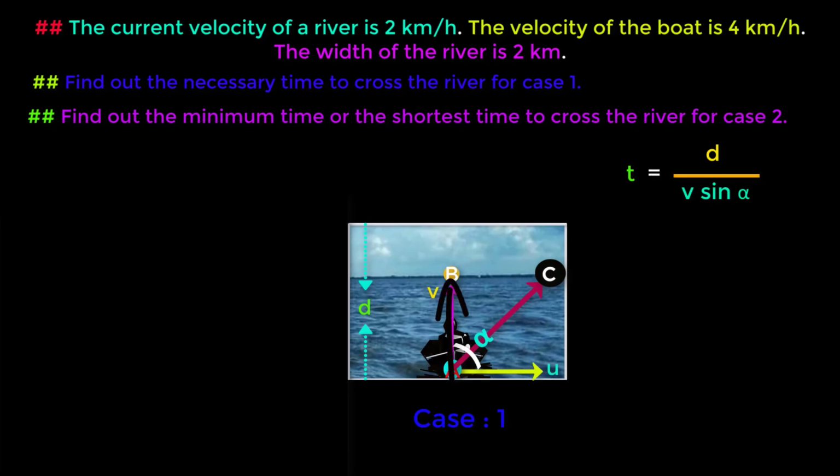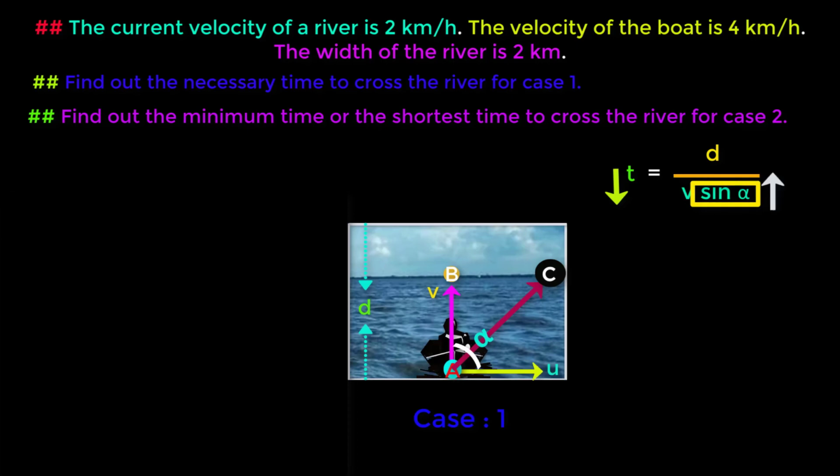This is a vector. This is also a vector. Between these two vectors, this angle is alpha. Now look at this formula. We are asked to find out the minimum value of this time t here. Therefore, if t is to be minimum, then sin alpha must be maximum.